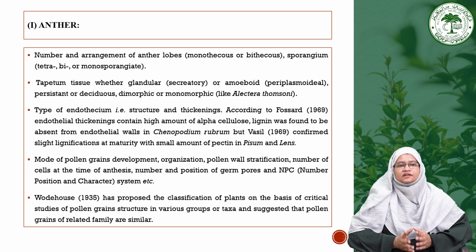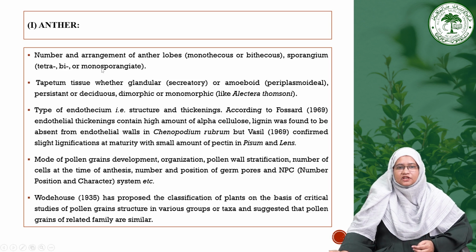So starting from the first, that is the anther, the number and arrangement of anther lobes, whether they are monothecous or bithecous. Sporangium is either tetra-, bi- or monosporangiate. Then the tapetum tissues, whether glandular, that means secretory, or amoeboid, in the case of periplasmodial, or persistent, or deciduous, dimorphic or monomorphic, like in the case of Tetratheca thompsoni.